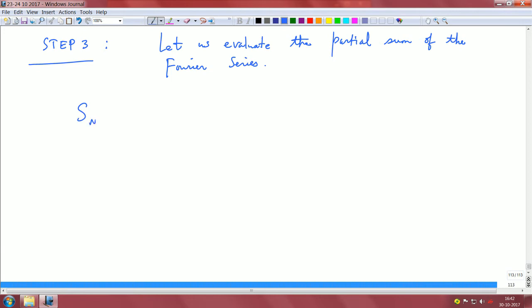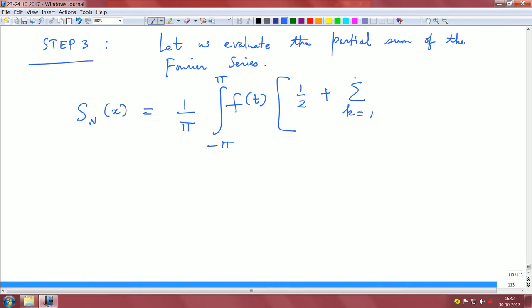So, now we have Sn of x is 1 upon pi integral minus pi to plus pi f of t, and we have 1/2 plus summation k equals 1 to capital N cos k times t minus x dt.